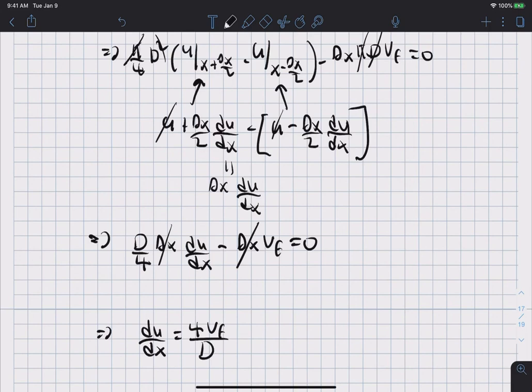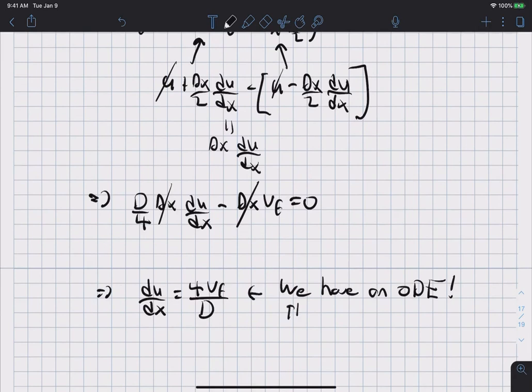So now we have an ODE, or an ordinary differential equation, that you can solve to find u of x. Okay, and this can be solved to find u of x.